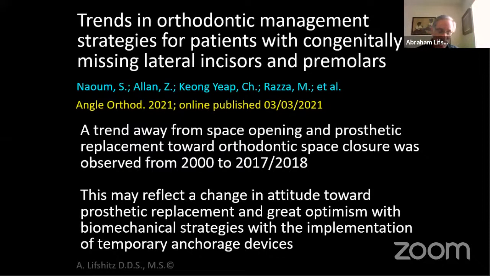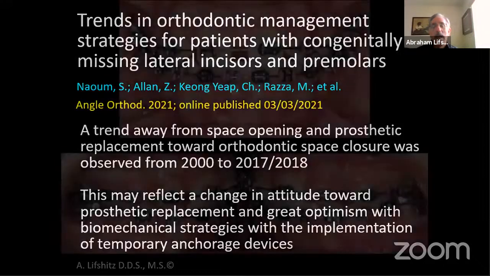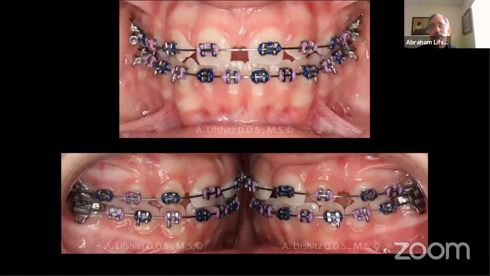So, as both of you, Miguel and Roberto, mentioned patient's age and so on, I decided to treat this case with canine substitution. And in this case, we used a lateral incisor bracket on the canine, as you can see here.